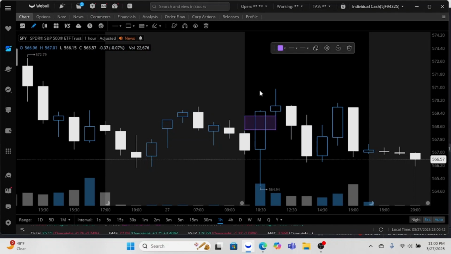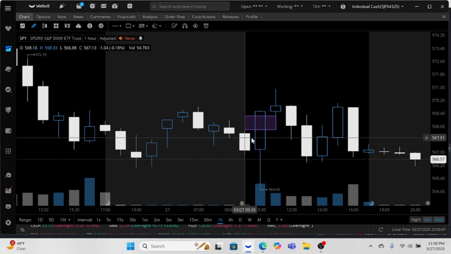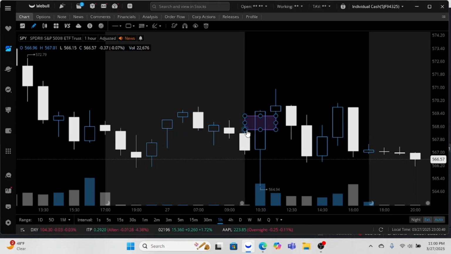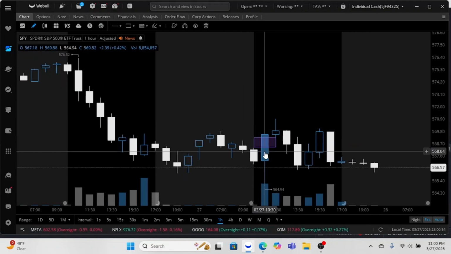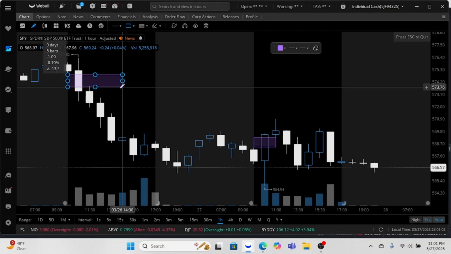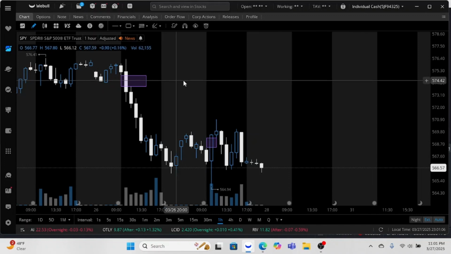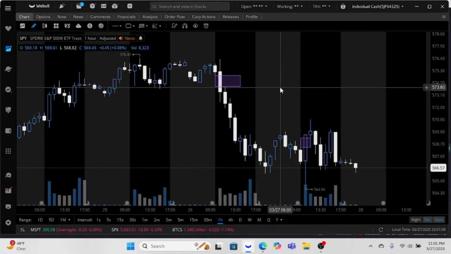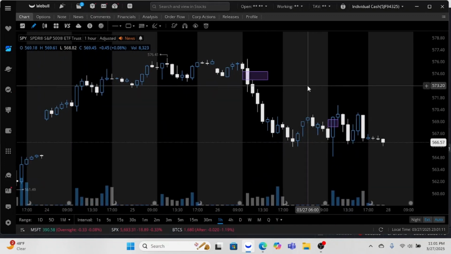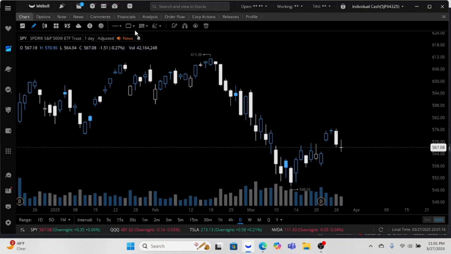Once again, an area of a market imbalance where the top of candle number 1 does not touch the bottom of candle number 3. So here we have a bullish fair value gap, and right here we have a bearish fair value gap. And you'll find them on every time frame.